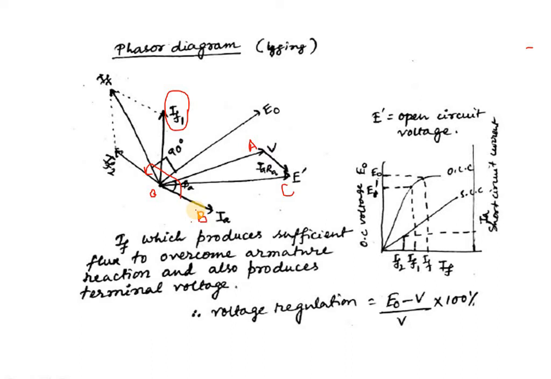In this position we have put the IF current and corresponding voltage in the OCC, that is V0, and IF1 with corresponding EMF E dash, and IF2 with corresponding current in short circuit, that is IA. That's what we have drawn here.